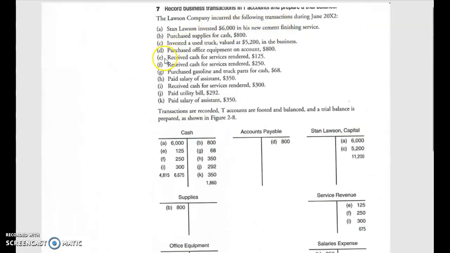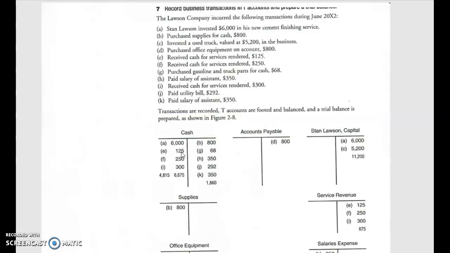Transaction E, received cash for services rendered, $125. So if we have received it for services rendered, we're increasing cash. Here is our entry here. Transaction E, we increase cash. It is a debit for $125.